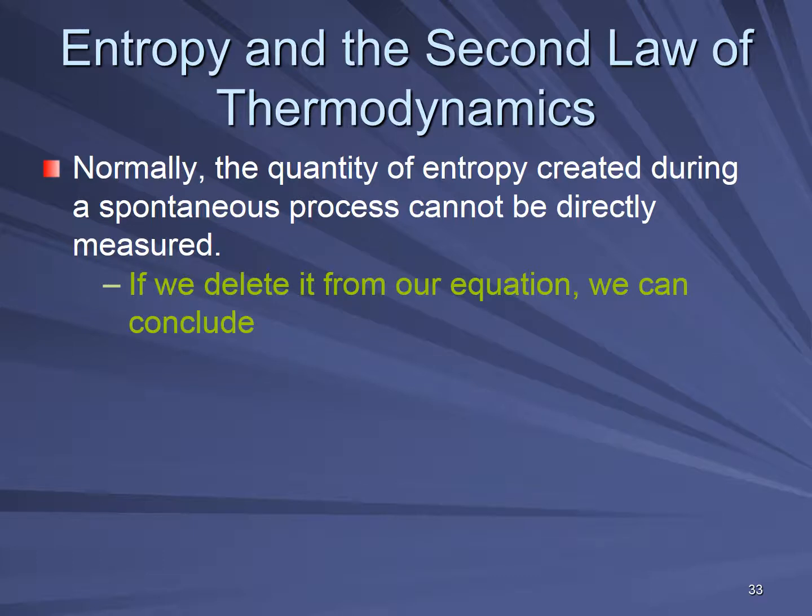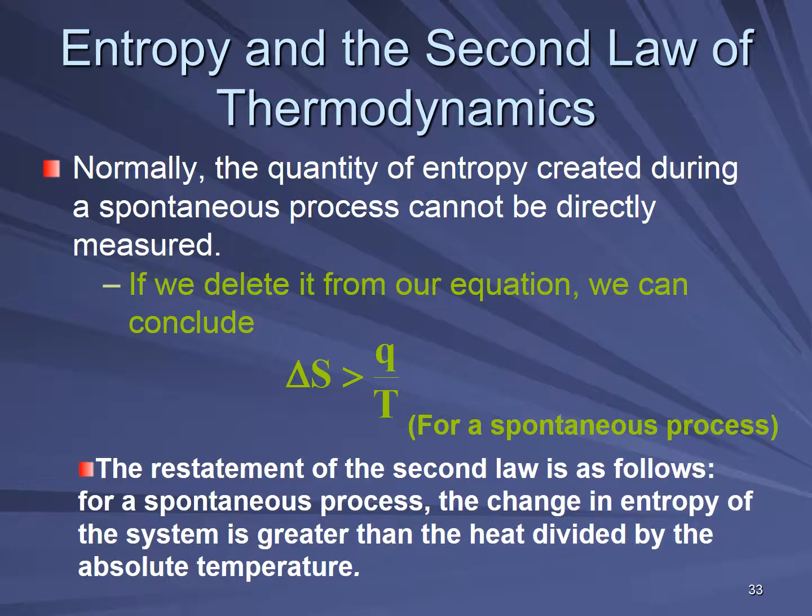So if we delete it from our equation, since delta S equals entropy created plus Q over T, and we know some entropy is being produced, then we can at least say that delta S for the system is greater than Q divided by T. So we can restate the second law as follows: for a spontaneous process, the change in entropy of the system is greater than the heat divided by the absolute temperature. And heat, remember, is related to enthalpy.